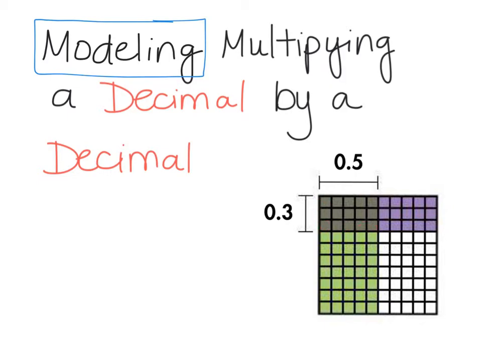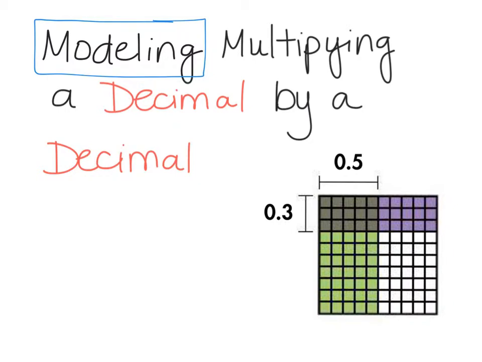Instead of 3 groups of 5/10 or 5 groups of 3/10, we have 3/10 of 5/10, or you could say 5/10 of 3/10. That's a whole different way of thinking about multiplication.